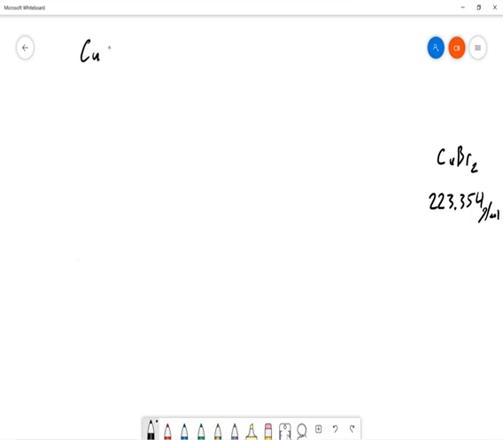This time we are worried about 2 elements. We are worried about copper and we are worried about bromine, and we need to find the percentage by mass of both. So copper's percentage is equal to the mass of copper, which is 63.5, I think it's 46.